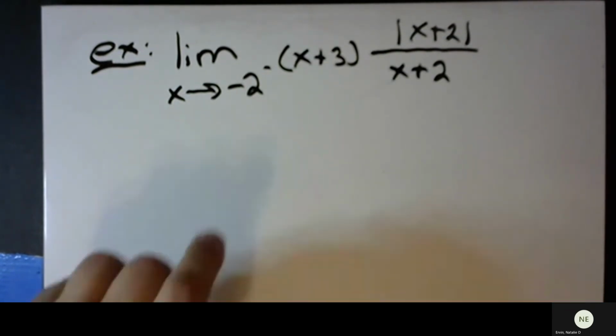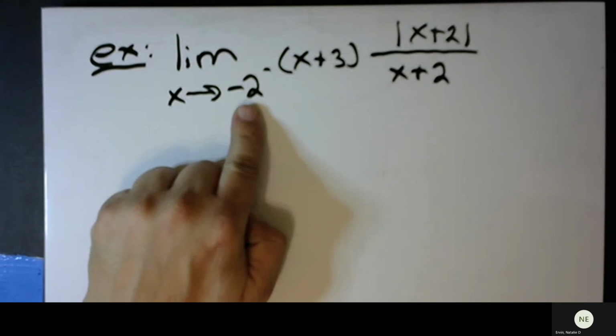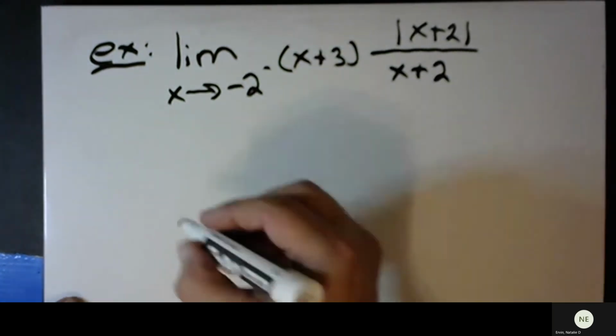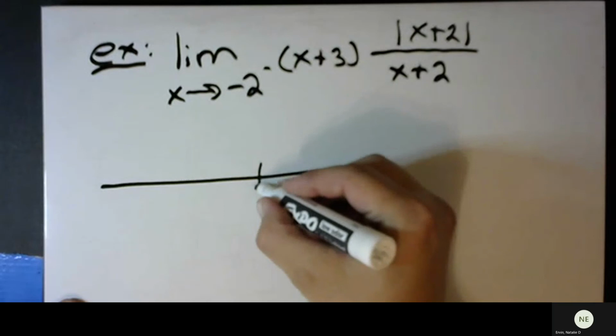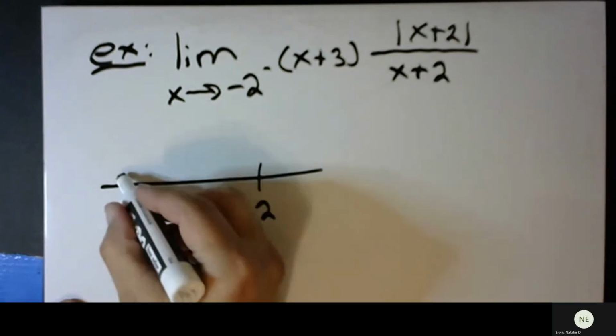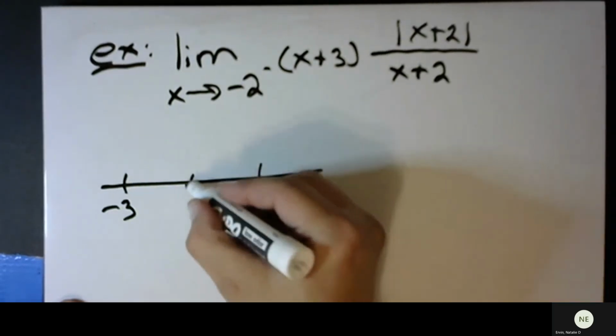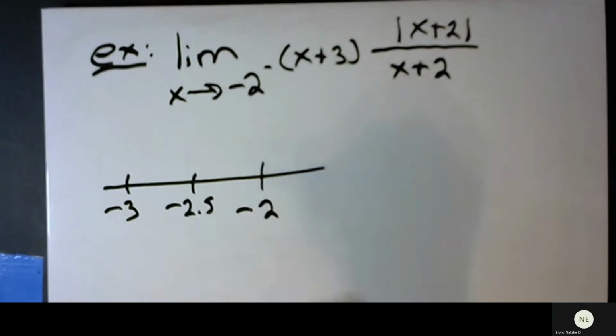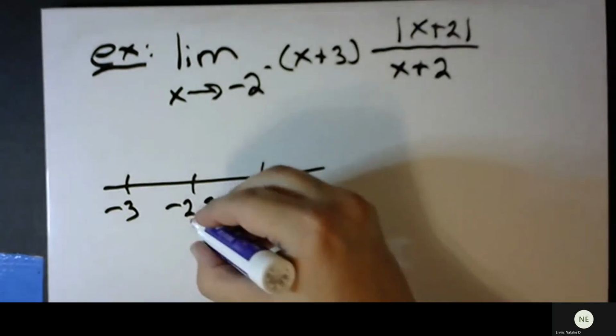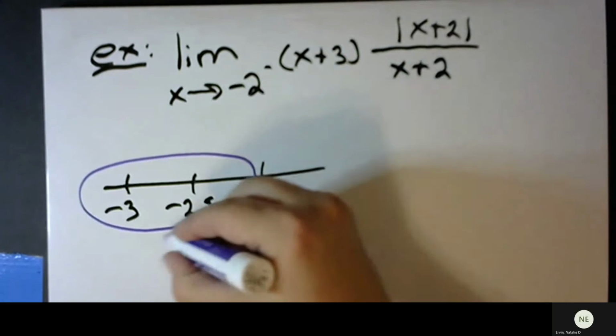Now, we're approaching -2 from the left. Here's -2, -3, -2.5. We're dwelling in this area.